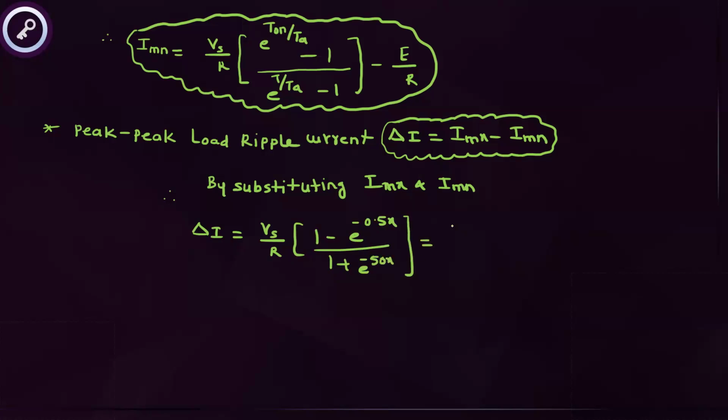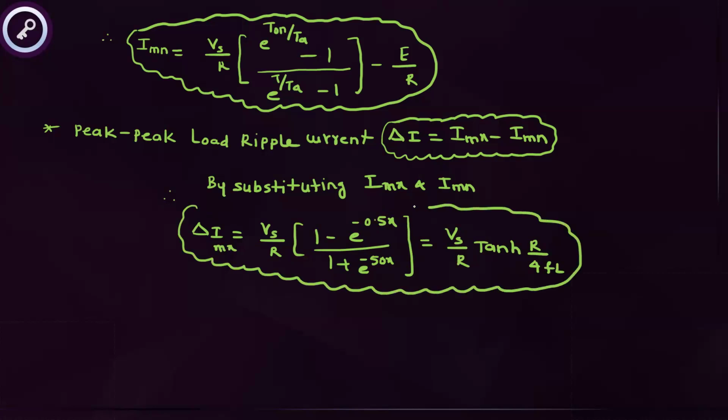This is in exponential form. You can write it in hyperbolic function form: tanh of R by 4fL. This is the maximum ripple current, Vs by R into tanh of R by 4fL.